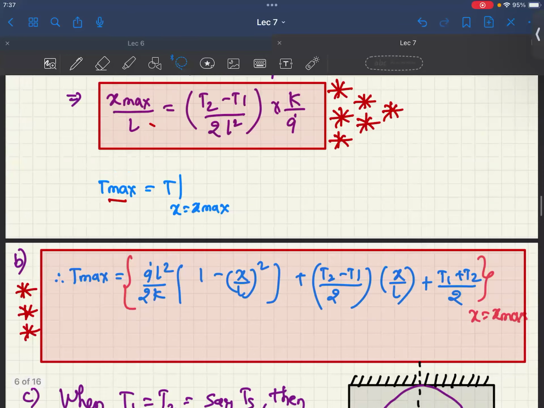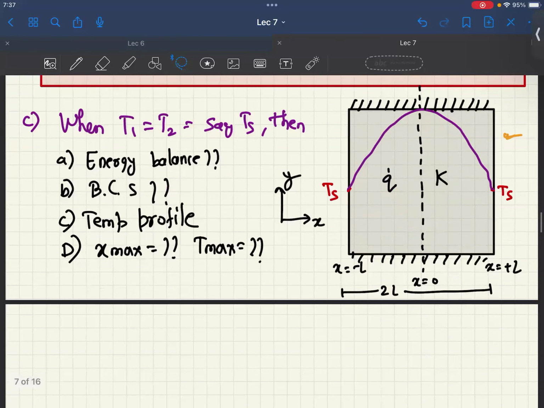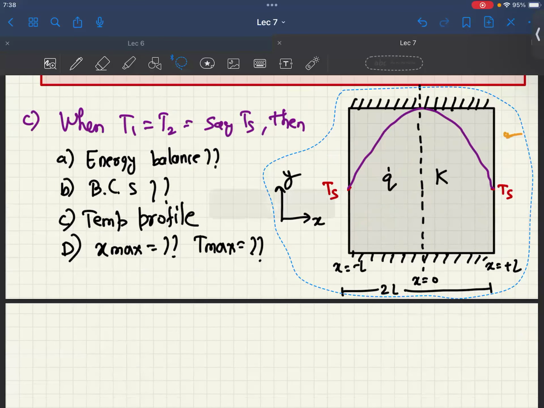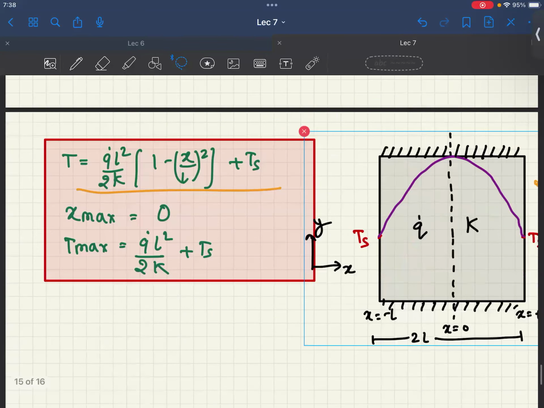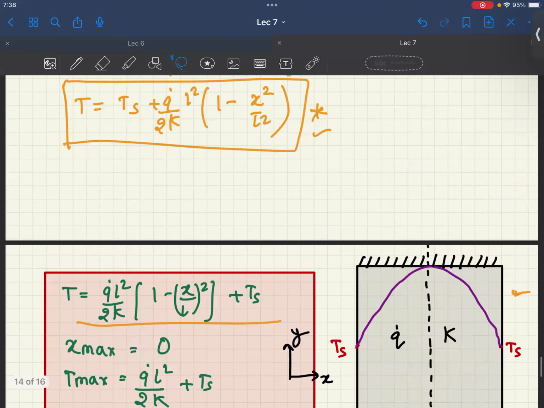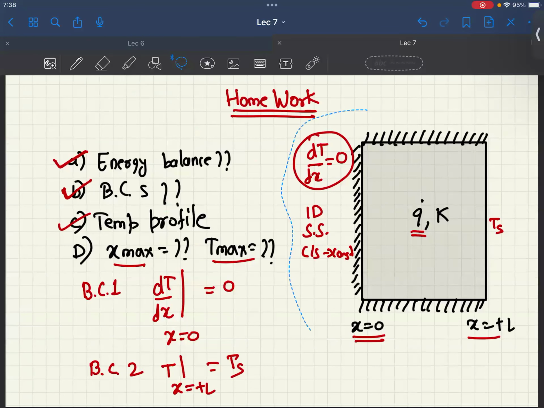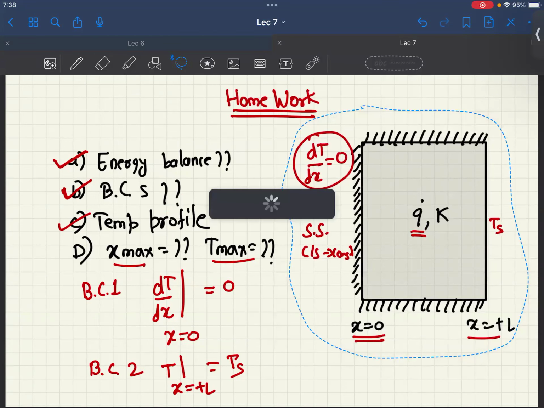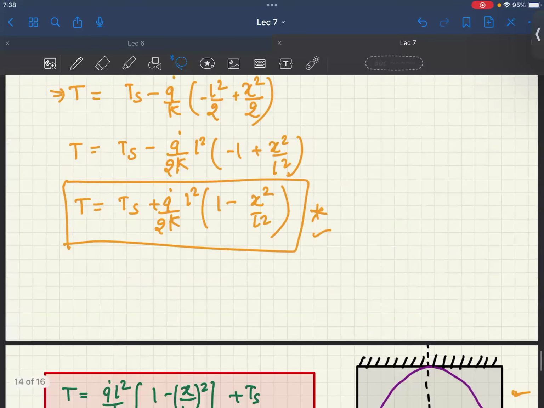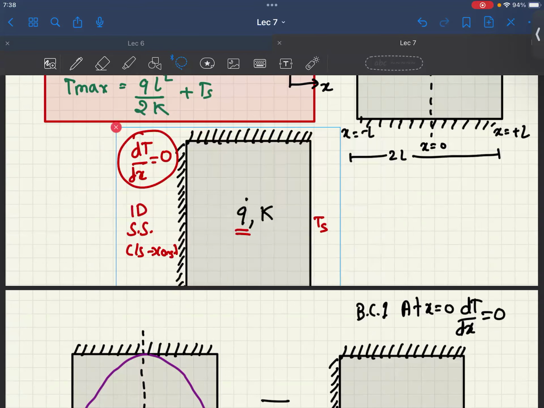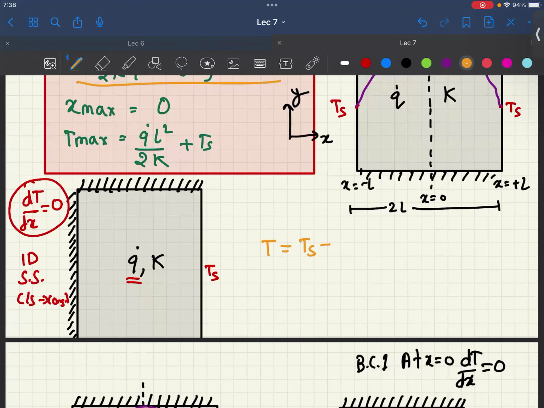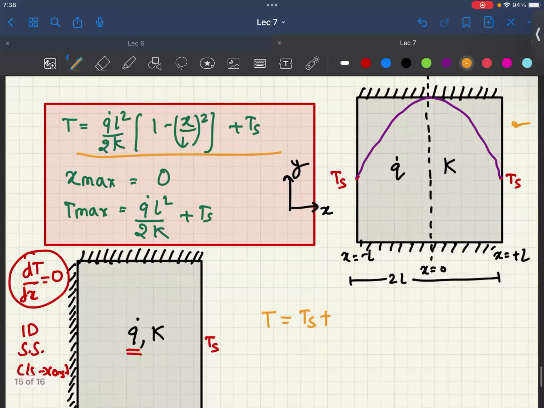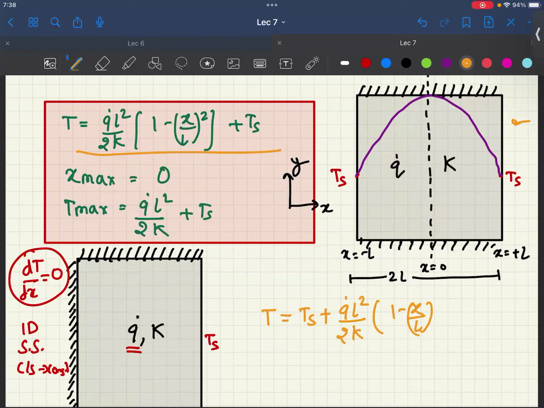And when we had this system, the temperature profile which we got is T is equal to Ts plus this expression, I'm writing, q dot L square by 2k into 1 minus x square by L square.